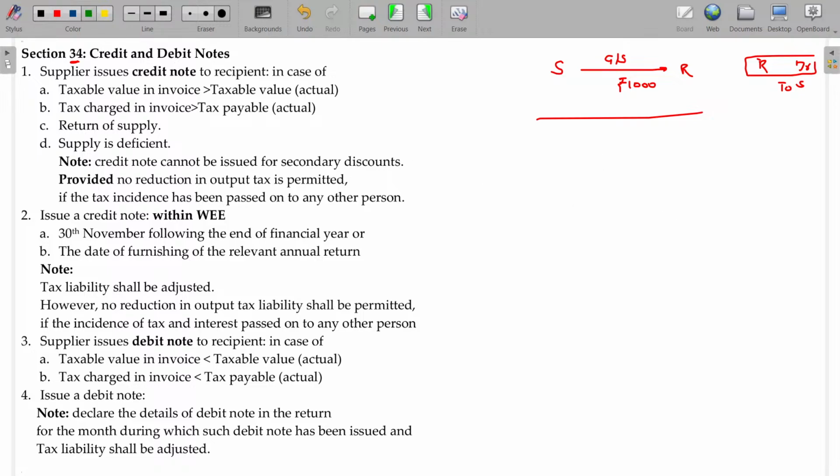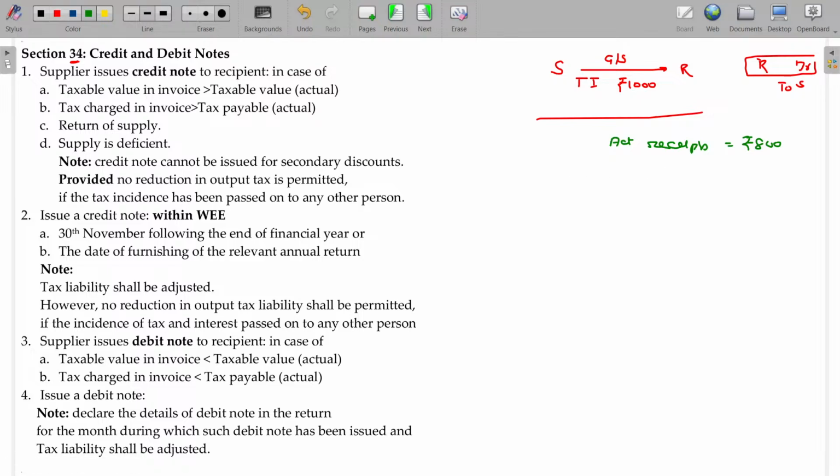Suppose later on the recipient complains: sir, you sent the tax invoice for 1000, but I got the goods only for 800 rupees. Actual receipts being 800 only. You have debited me 1000, sir. No problem. I will now credit your account.